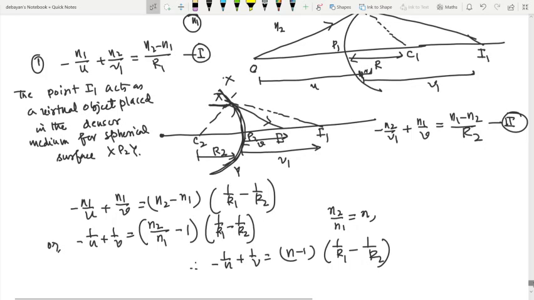So this is nothing but the lens maker formula that we have to use to prove different things.